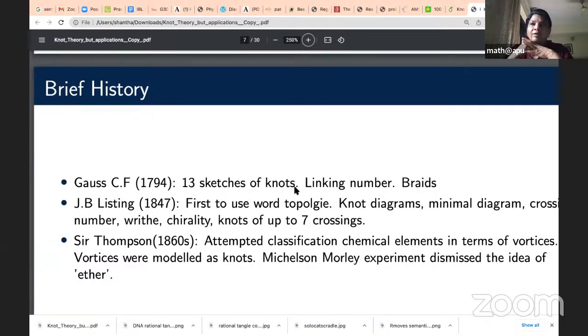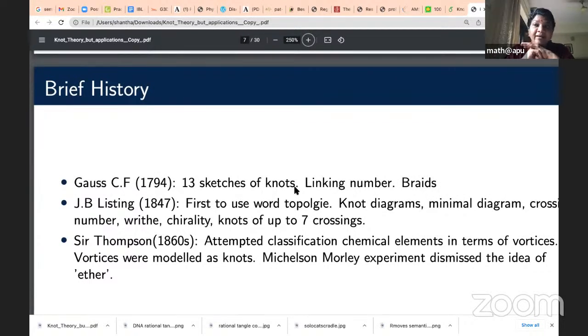There was a lot of excitement, like we have the periodic table with atomic number and atomic weight. There was this very big enthusiasm trying to think of all matter described by vortices, but that was quickly dismissed by the famous Michelson-Morley experiment, which dismissed the idea that there was something called ether.